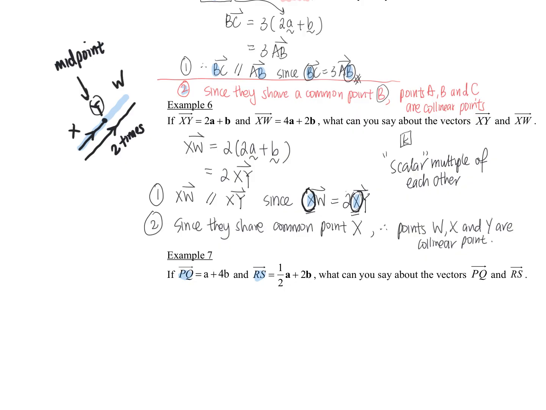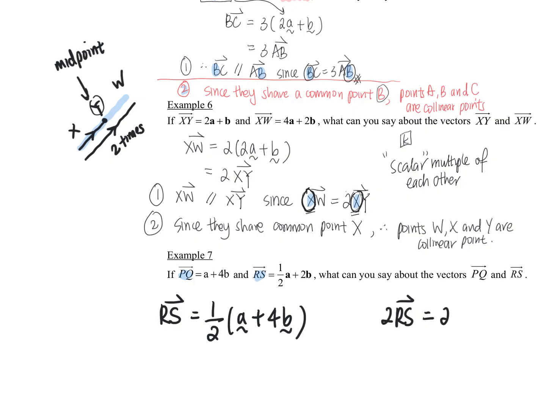Okay, next, between PQ and RS, is there something in common between them? You see RS, I take out half, left with A. I thought you asked me about collinear. Yeah, okay, so this one is 4. You can times 2 also if you prefer that. Okay, so if you want to work the other way, you can do 2RS.